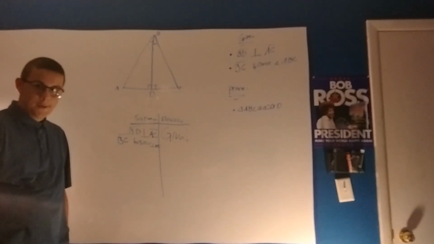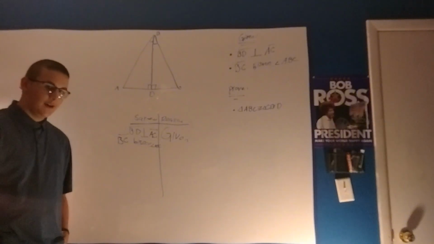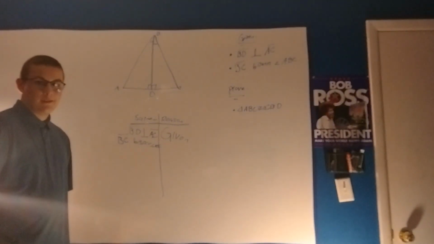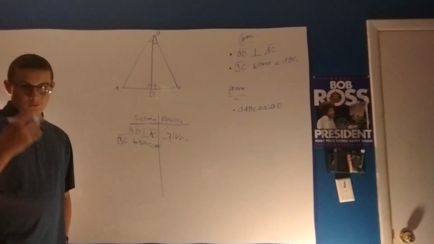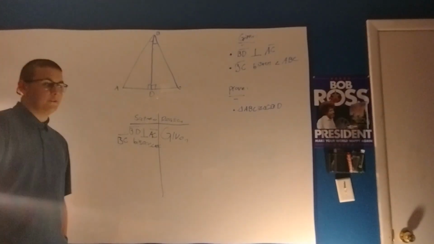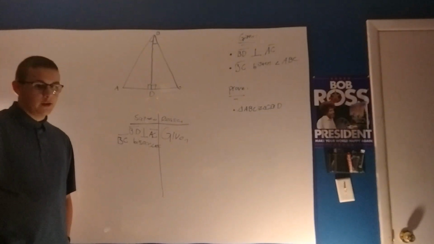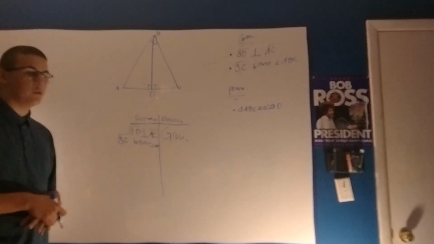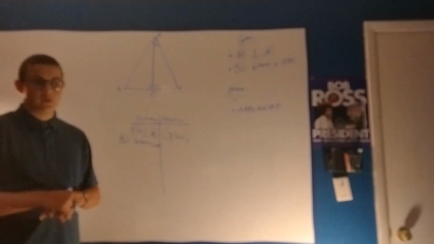And if you've been paying attention to that one stupid rule that's come up, this will be the third time, it's going to be the reflexive property. And the reflexive property is kind of like the corresponding parts of congruent triangles are congruent.